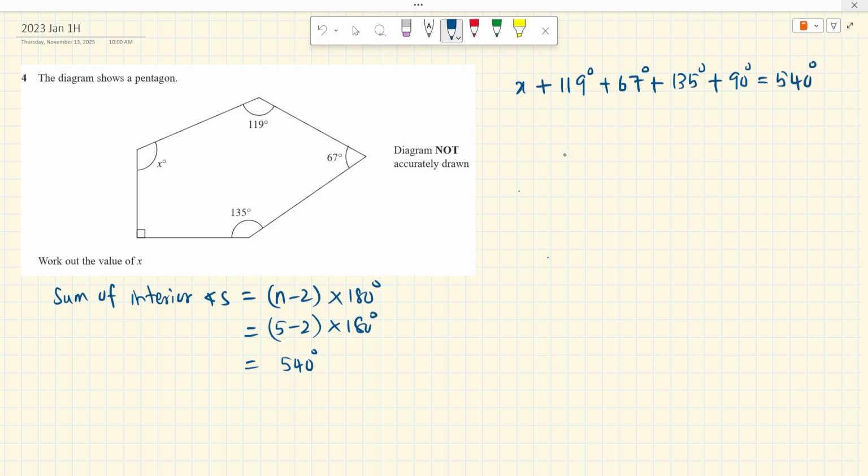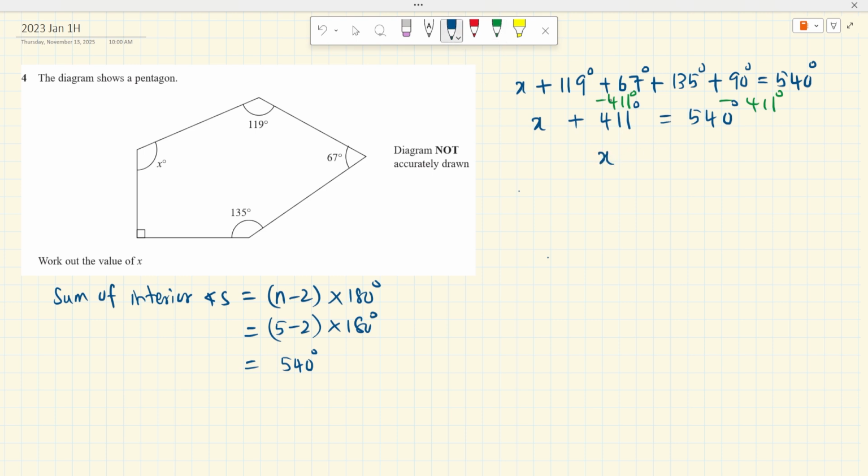When you add 119, 67, 135, 90, that is 411, so x plus 411 equals 540. Then I have to subtract 411 from both sides.